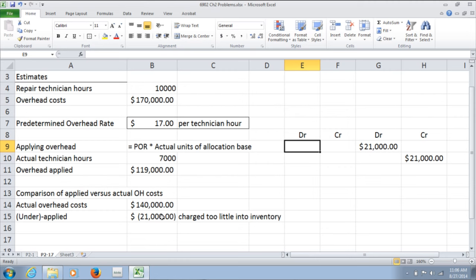So as it turns out, our cost of goods sold number has been too little. We've only had 119,000 going through instead of 140. So we're going to have to debit the cost of goods sold number, and then the credit is the manufacturing overhead control account.